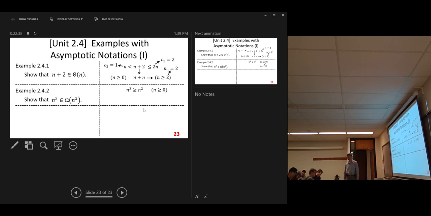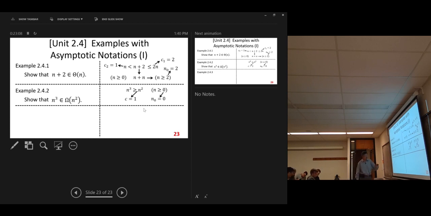Right? At 0 they are equal, at 1 they are also equal, but after n greater than 1, n cubed is always greater than n squared. You multiply a number greater than 1. So you can see n0 equals 0, c equals 1. You find the lower bound, so you get a big omega representation.